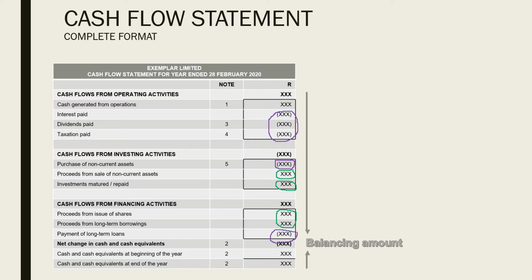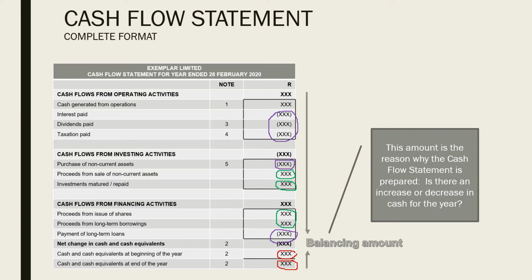If they give you the cash and cash equivalents at the end of the year, and they give you the cash and cash equivalents at the beginning of the year, we can work upwards to work out the net change in cash and cash equivalents. So you can work both bottom up and top down. Two different ways of doing this.